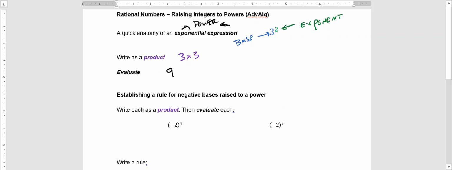An exponential expression, otherwise known as a power, an example would be 3 squared. The 3 is the base. The 2 is the exponent. The 3 is what is repeatedly multiplied in the product based on the number of those that the exponent says, and then evaluating just means to find the value.